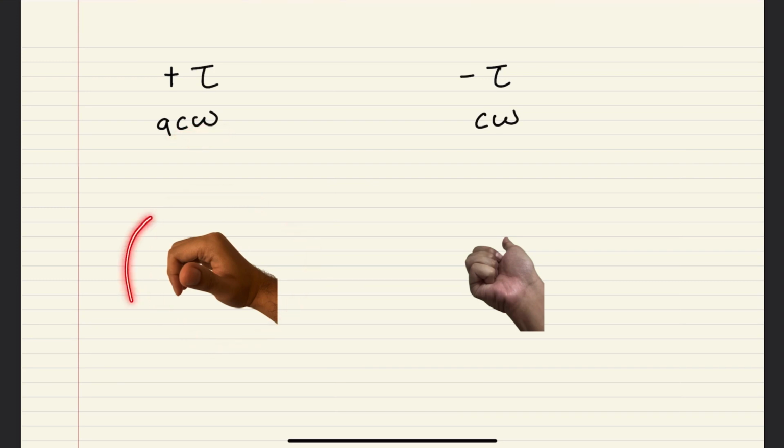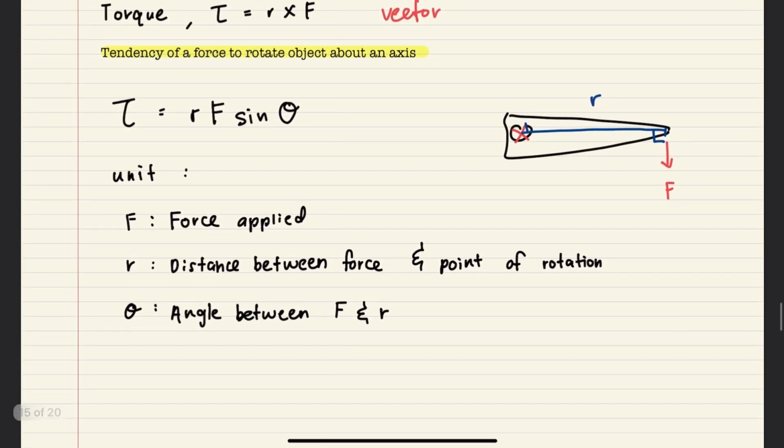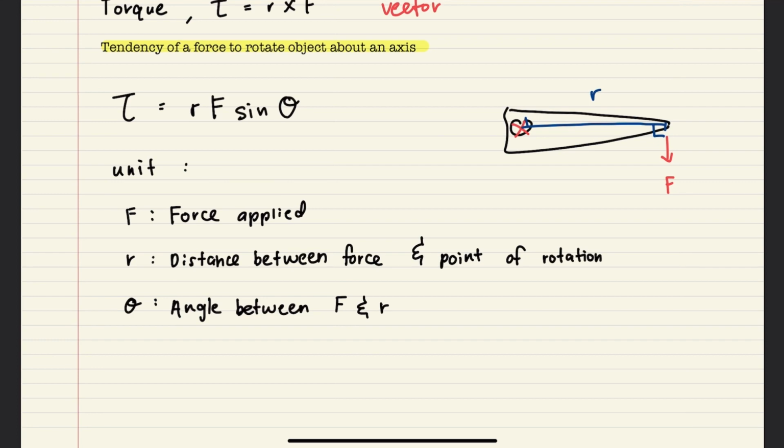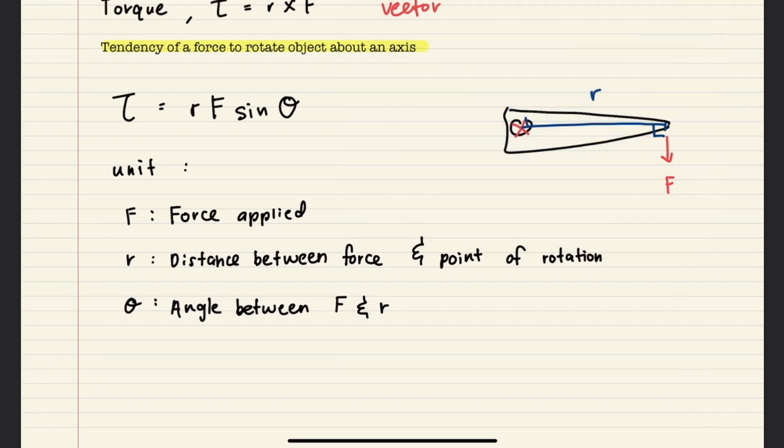So if you want to use this right hand rule, you try to see the object's tendency to rotate in which direction. So if I go back over here, if the force is applied in this direction, obviously the object will try to move, let me change my pen color, it will try to move in this kind of rotation. This is the direction of the torque.